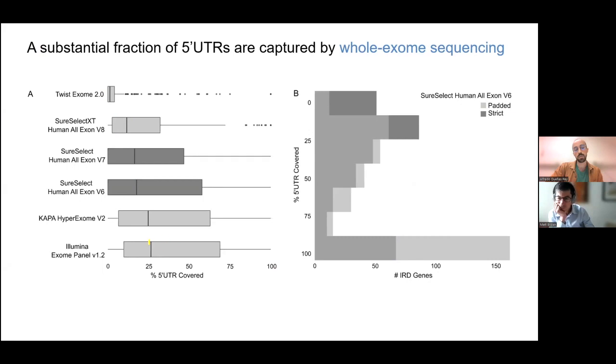For some, the median is around 25%, but with an average of over 40% of the whole 5' UTR. And some of these kits are the ones that were used for the generation of our in-house data that consisted only of patients for whom there was a WES analysis performed.